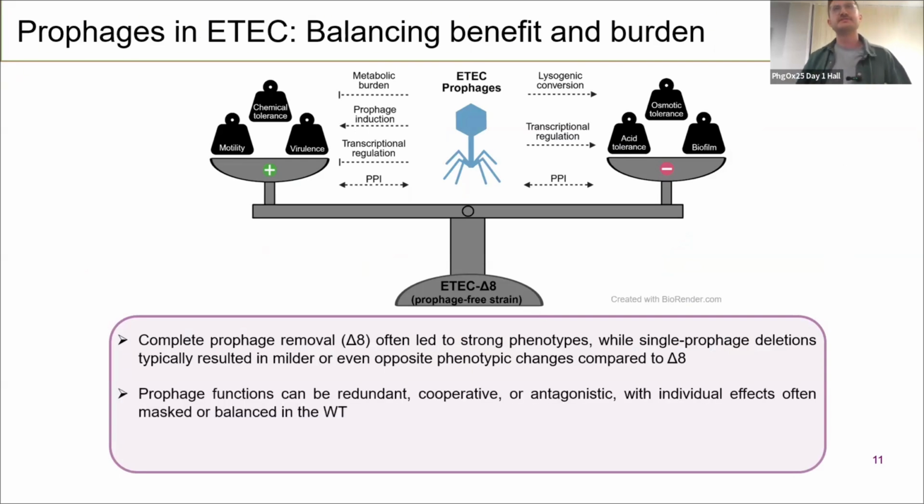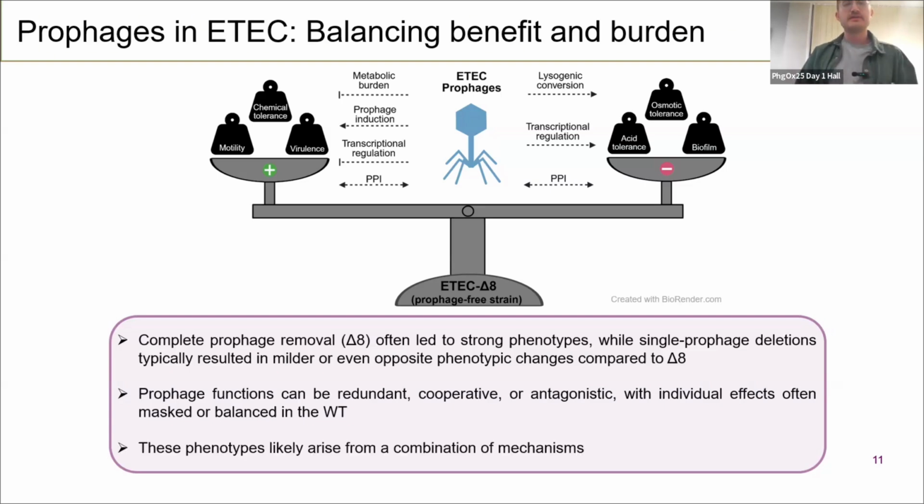And this indicates that prophage functions can be redundant, cooperative, or sometimes even antagonistic, with the individual effects often masked or unbalanced in the wild type. And all of these phenotypes likely arise from a combination of different mechanisms, such as lysogenic conversion, or direct protein-protein interaction, or transcription regulation, or as in the case of the chemical tolerance, the lack of prophage induction, for example.